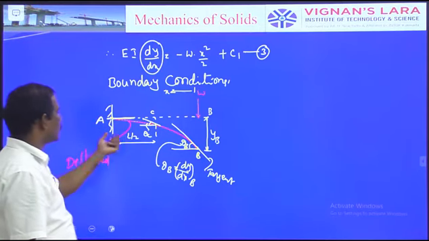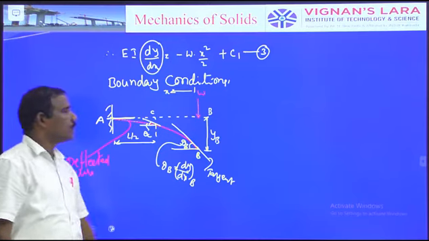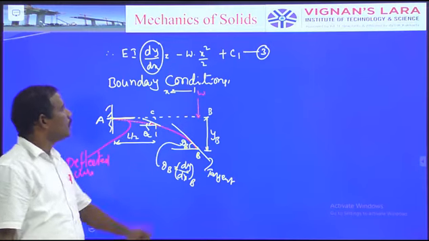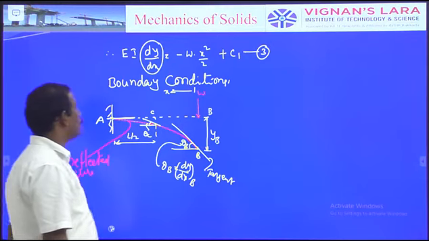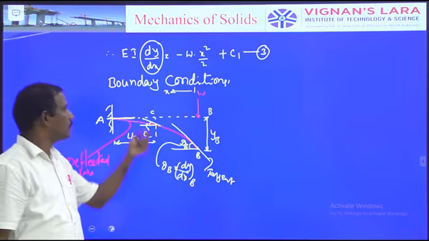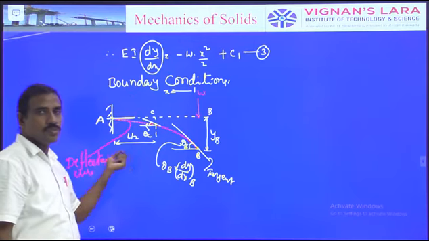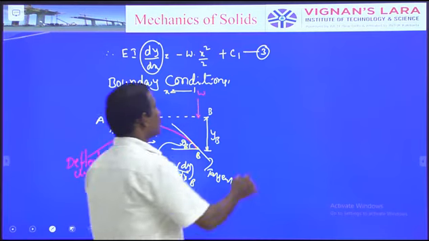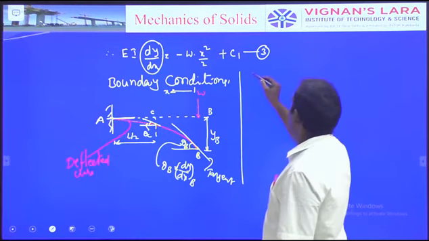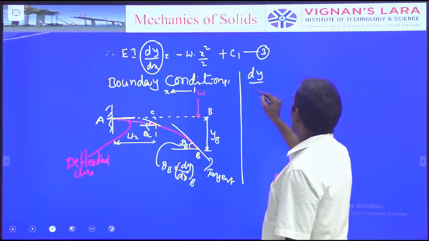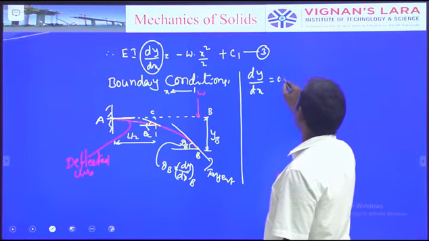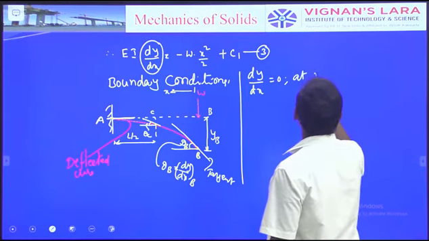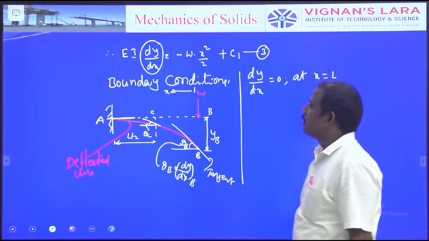It means there is no angle between the tangent and the horizontal line, so the dy by dx value is 0 at A. It means at x is equal to L, dy by dx is equal to 0. The slope is 0 at x is equal to L.